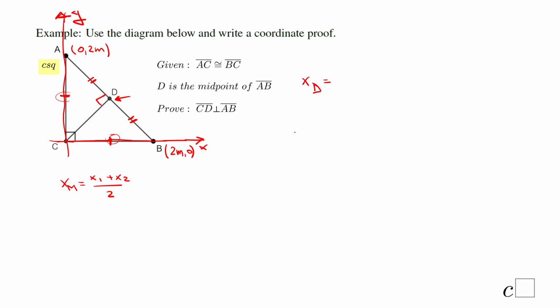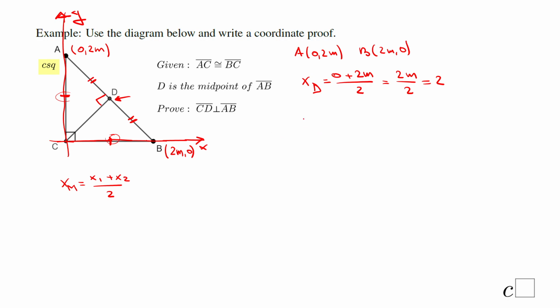So in our case, we have this point A, which is at 0 and 2m, and this point B, which is at 2m and 0. We're going to add the x-coordinates, 0 plus 2m, and divide by 2. We're going to end up with 2m over 2, which is m.